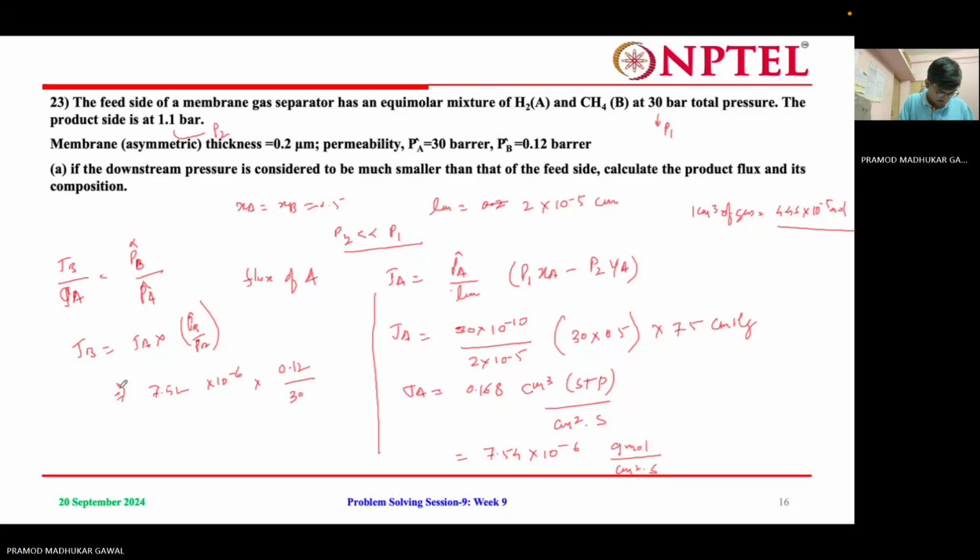So you will get the value 3.08 times 10 to the power minus 8 gram mole per centimeter square per second.